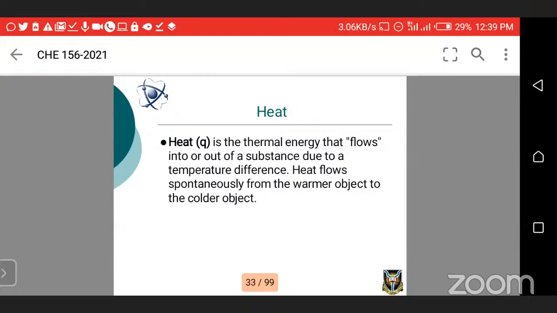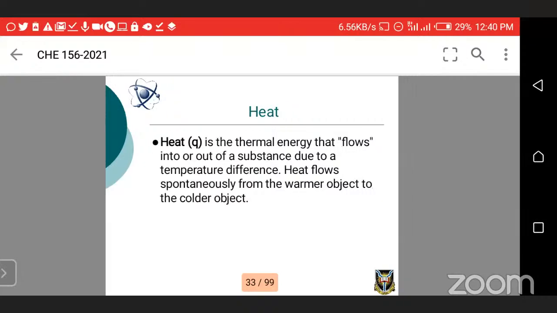Therefore, from what we have just said, it implies that heat will flow spontaneously from a warmer object to a colder object. Just like I told you, the direction of flow can be predicted.